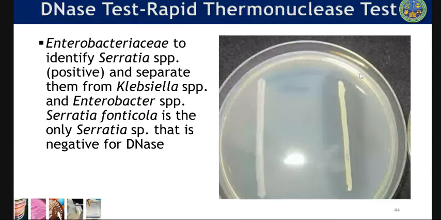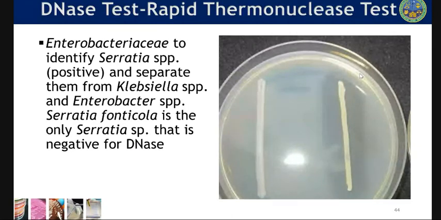Other tests include pigment production. How to do pigment production is just a streaked slant of nutrient agar or tryptic soy agar with the colony of the organism; incubate it for 24 hours and look for pigment production.